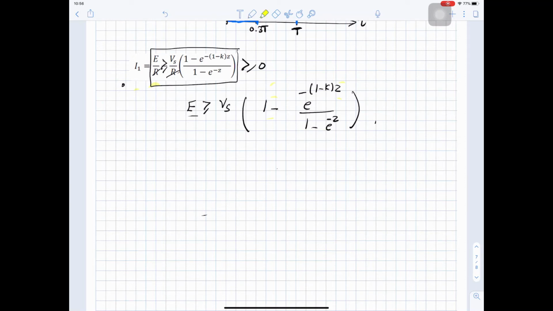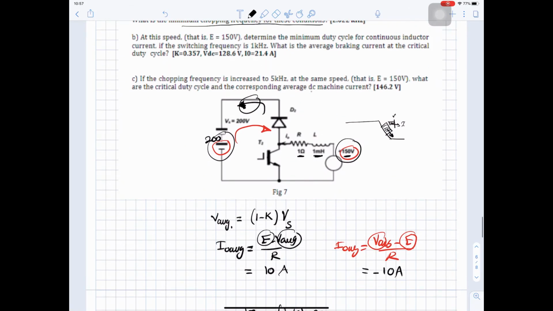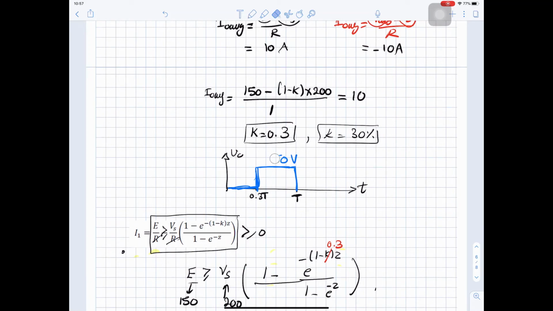Now we have K as 0.3, and the only unknown in this equation is Z. E is 150, V source is 200, correct? So we have to correct this to 200.